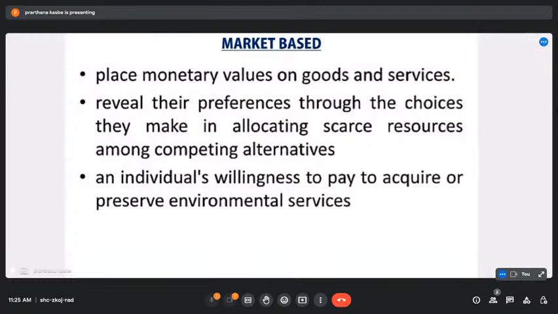So market based is a particular place where monetary values are placed on goods and services, and if scarce resources are there, they make choices in allocating them.